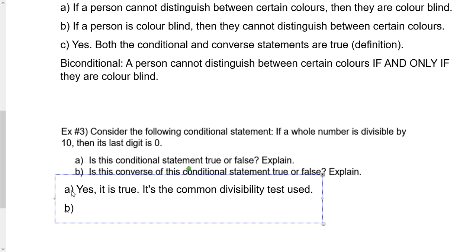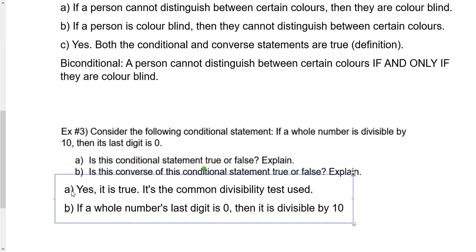Is the converse of the statement true or false? So the question is, if a whole number's last digit is 0, then it is divisible by 10. Is that true?